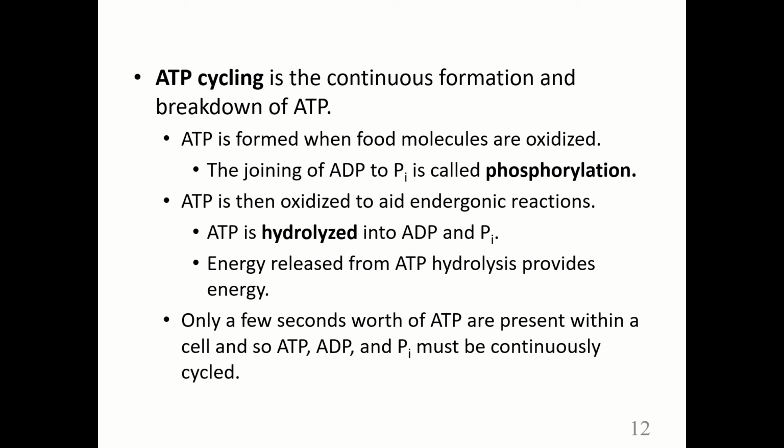In ATP oxidation, ATP is hydrolyzed into adenosine diphosphate and an inorganic phosphate. The energy released from ATP hydrolysis provides energy for cellular work. Only a few seconds worth of ATP are present within a cell, and so ATP, ADP, and inorganic phosphate must be continuously cycled.